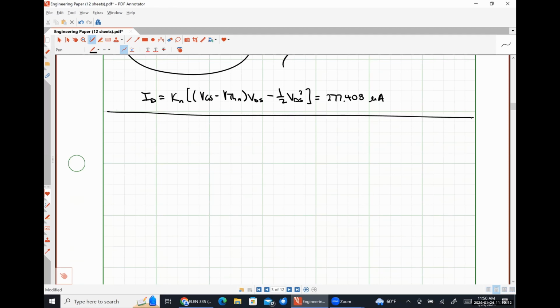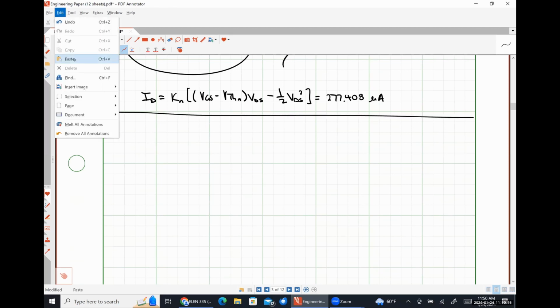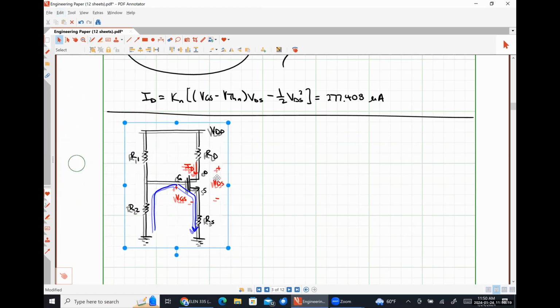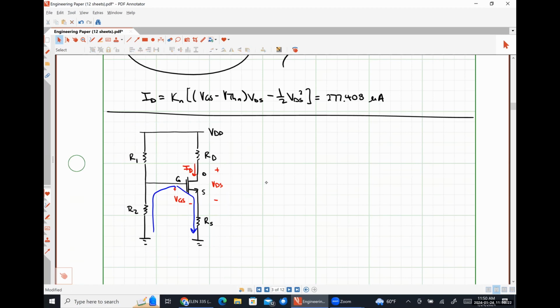All right, same basic thing, but now include channel length modulation, right? So that means we're going to assume saturation from the jump. So VGS must be greater than or equal to VTH.